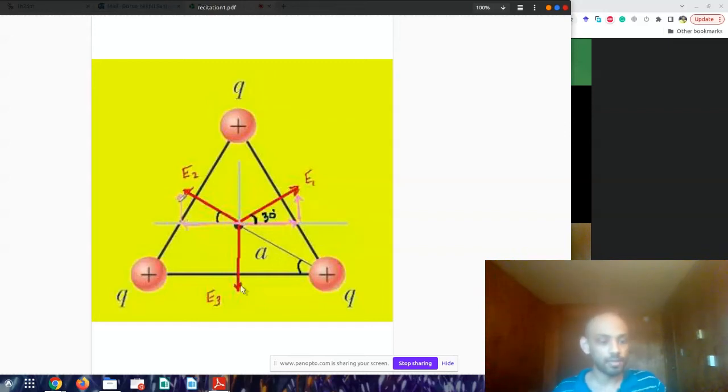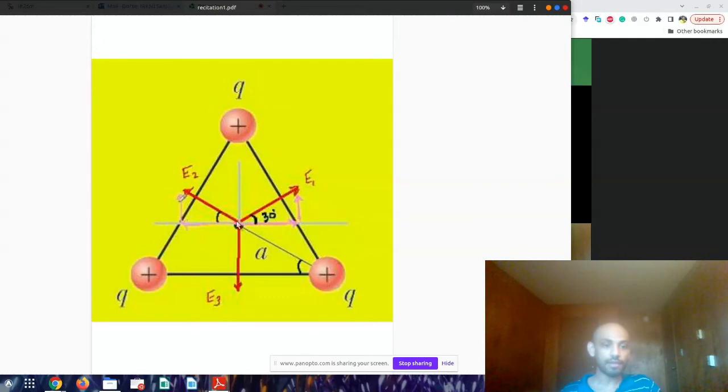So it'll be the Coulomb's constant k times the charge q over r squared. So you'll have kq over r squared. Over here it's represented by E3. That's the magnitude, kq over r squared, where r is the distance from this charge to the center of the triangle, and the direction is downward.